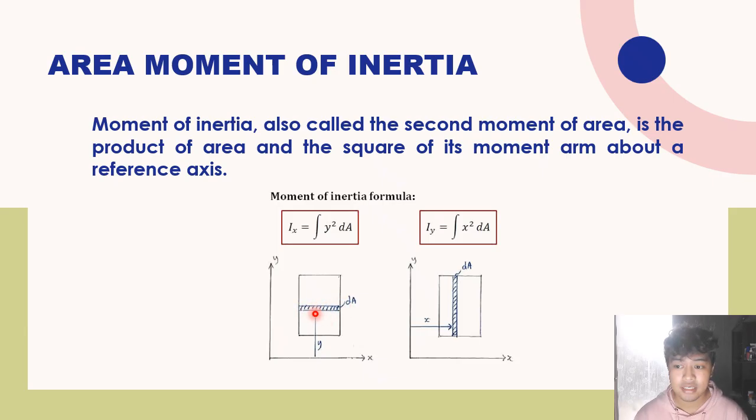The moment arm is going to be the distance y from the reference axis x. That is why in this case we refer to this as Ix, since our reference axis is the x-axis. So we have the area and the square of its moment arm.